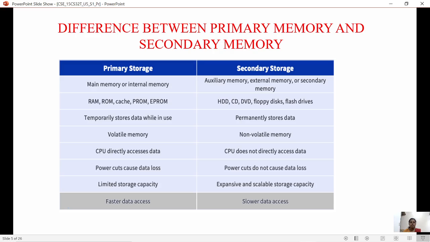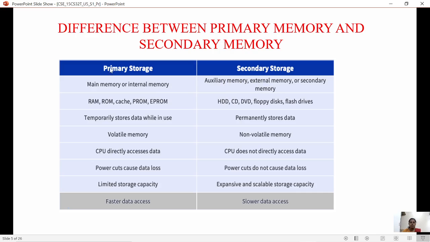Now we'll see some of the important differences between primary memory and secondary memory. Primary memory is also called main memory or internal memory. Secondary memory is called auxiliary memory or external memory.